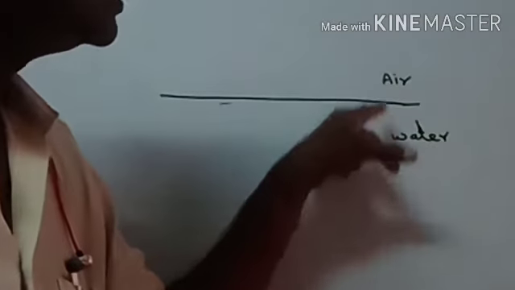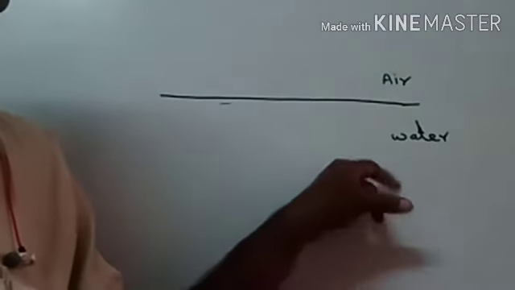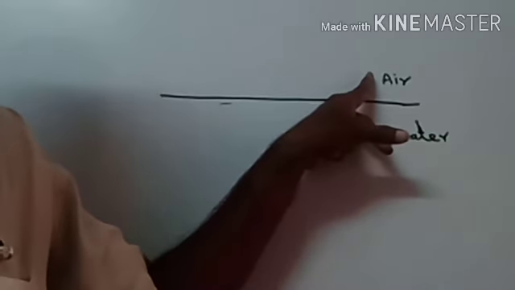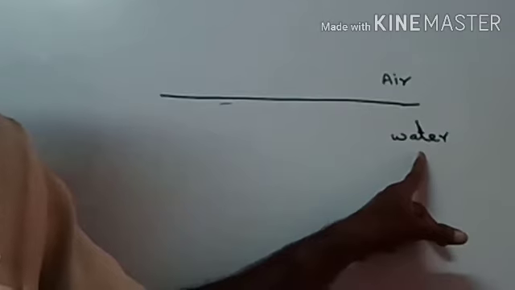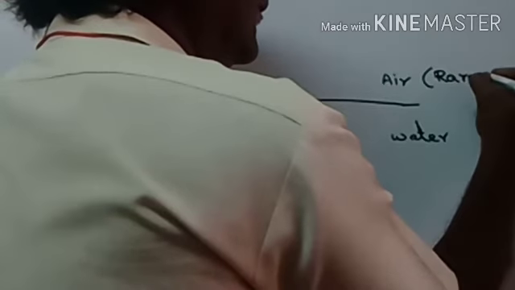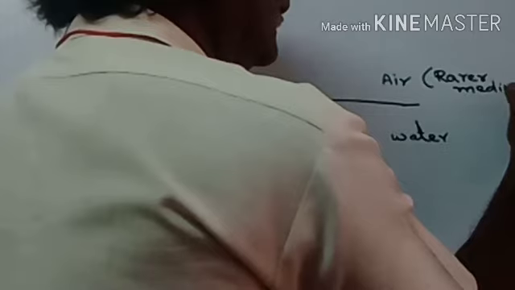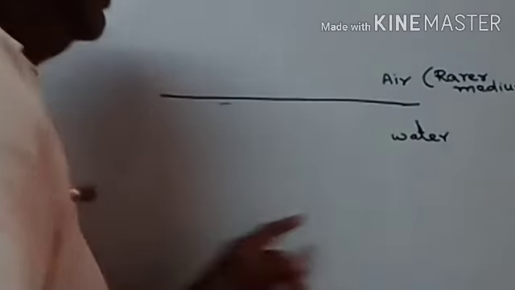When we compare these two mediums, air density is lower than water density. Because of that, air is said to be a rarer medium. Water is said to be a denser medium.